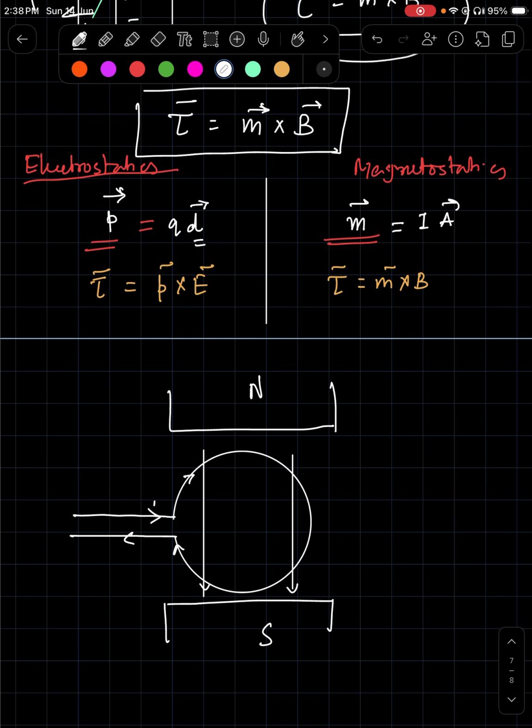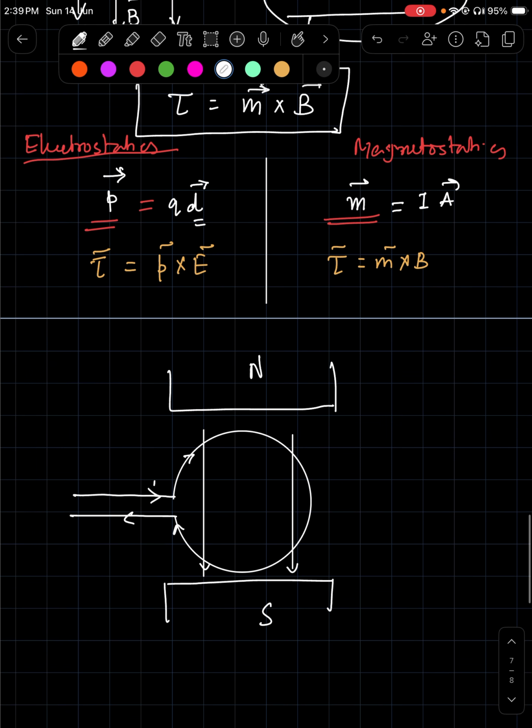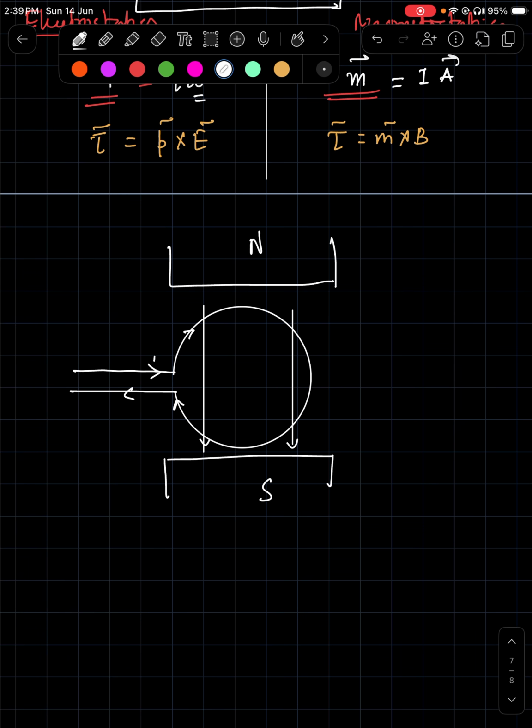It is a slightly more complicated calculation than the case we have already considered here, but the formula remains the same. I have to tell the result: the result remains the same.